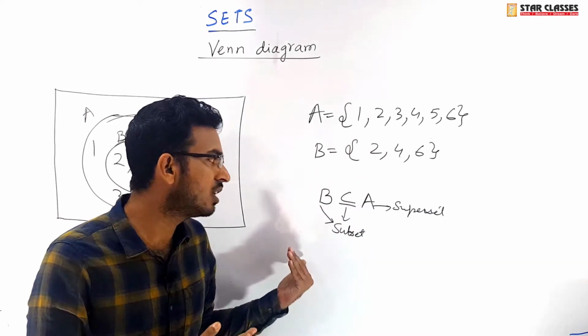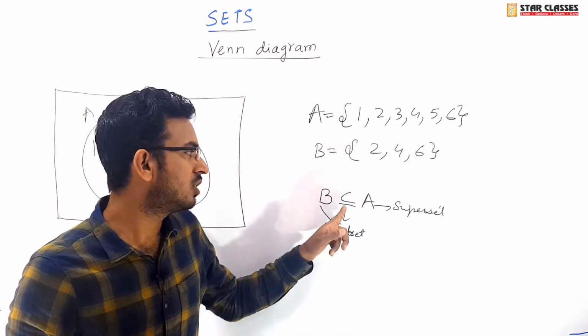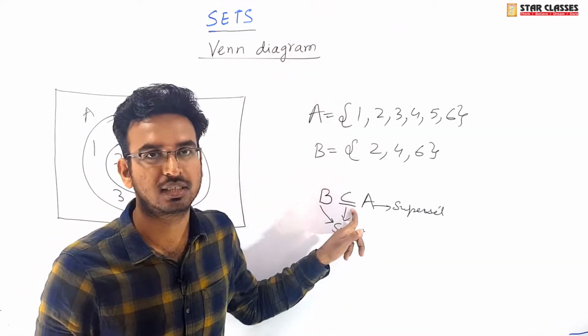Set B is smaller, it is subset. So this is denoted by this sign.